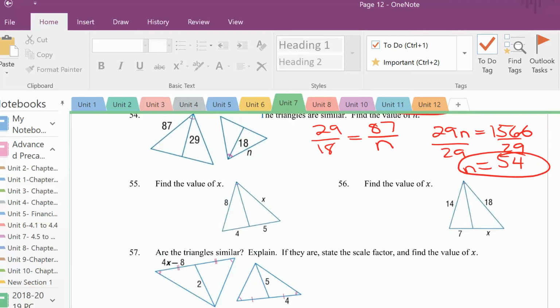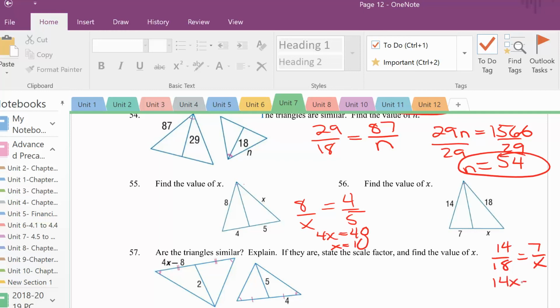Find the value of x here. Well, notice this is an angle bisector. So the ratio of the angle bisector sides, 8/x, is the same as 4/5. So 4x equals 40, so x equals 10. Here, 14 is to 18 as 7 is to x.